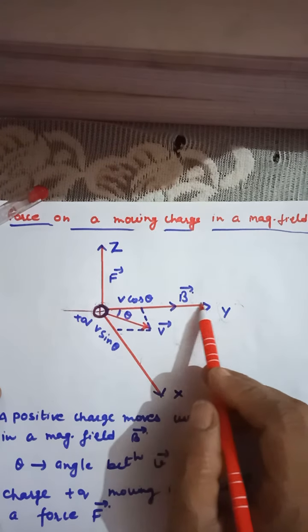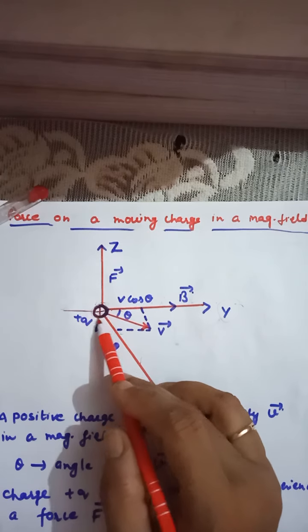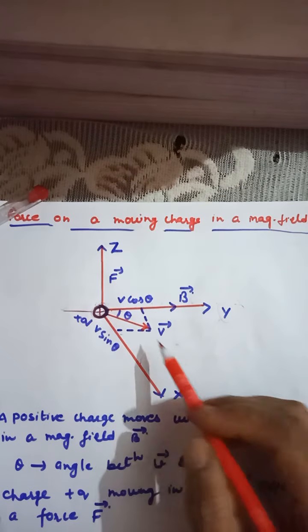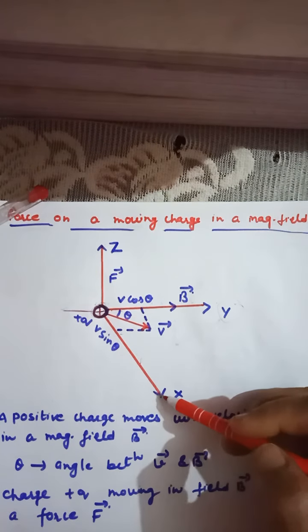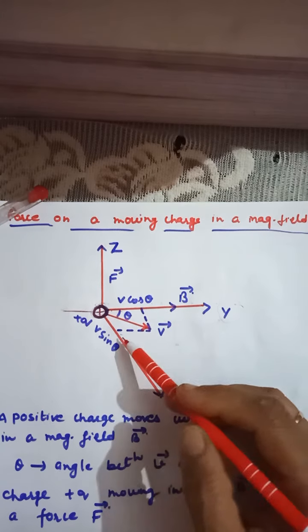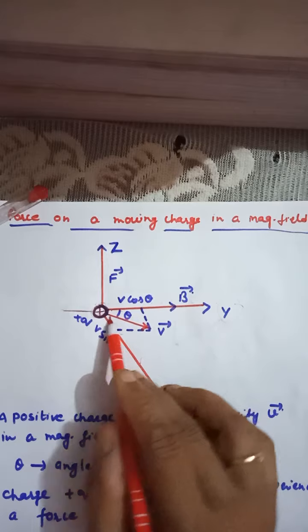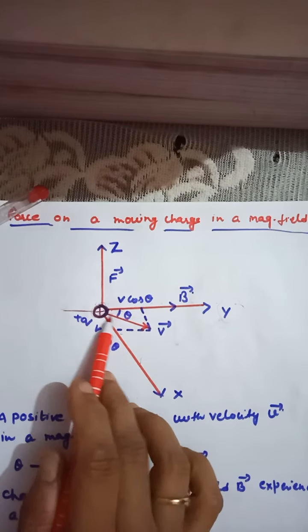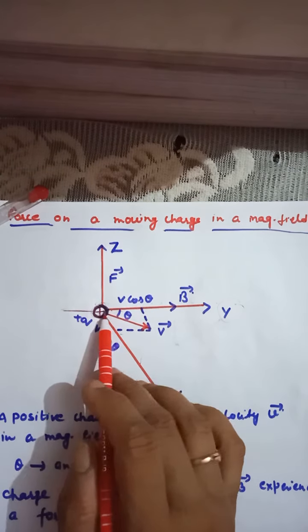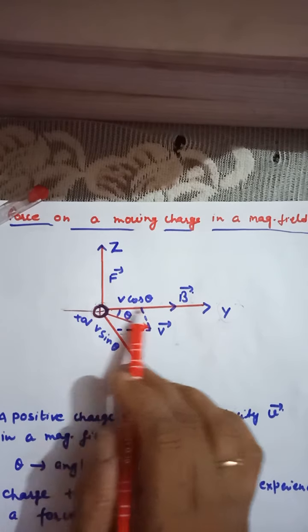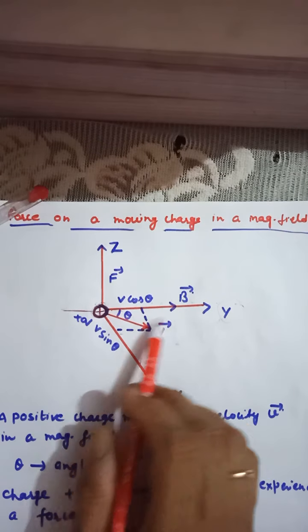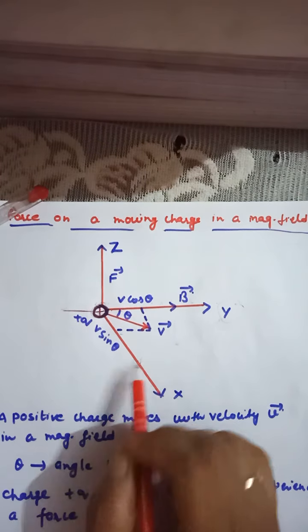So this is the direction of the magnetic field in which the charged particle starts moving, and we have the direction of velocity of the positive charge lying between the x and y plane.